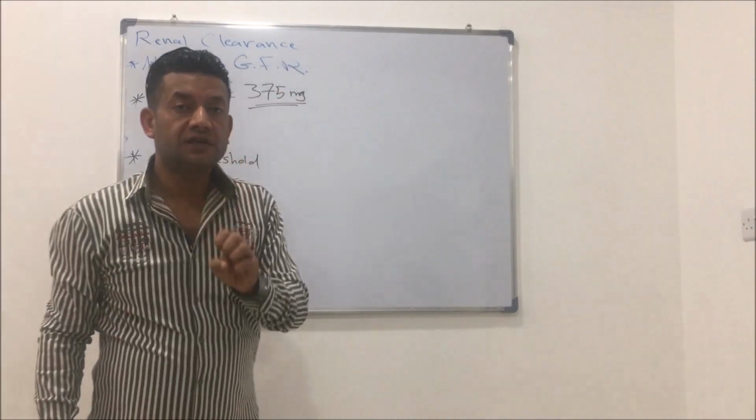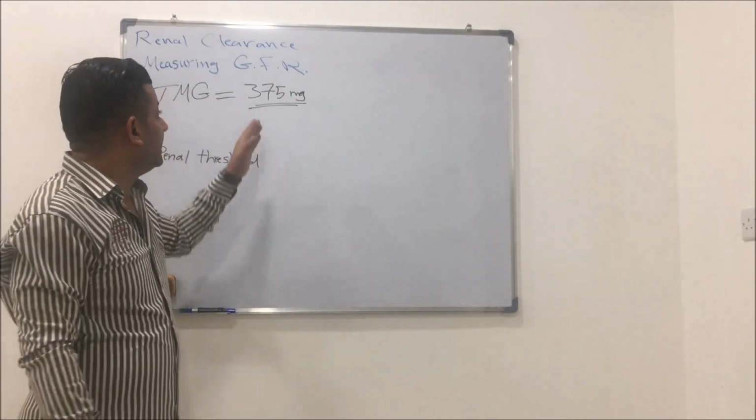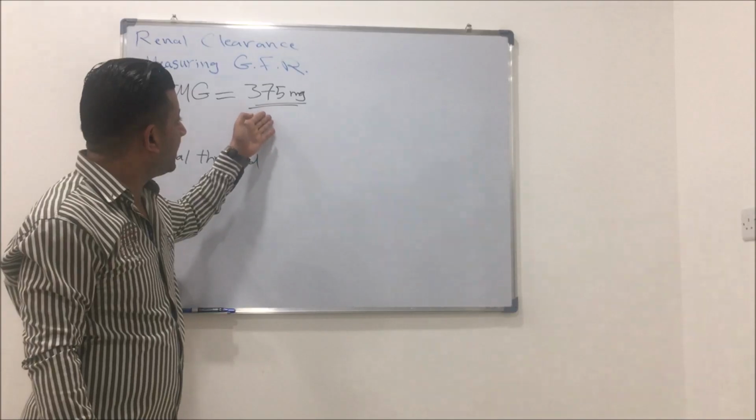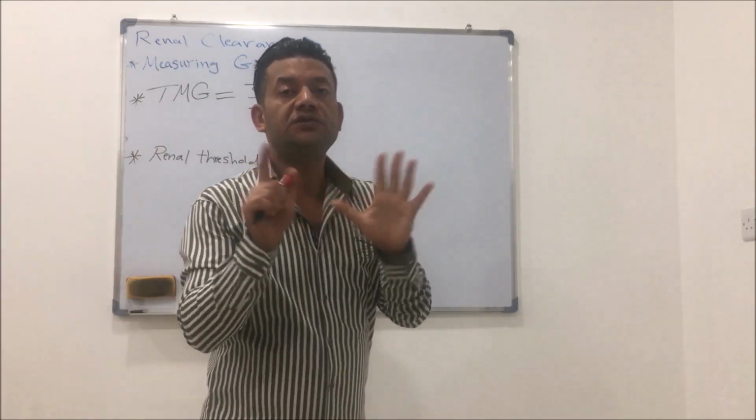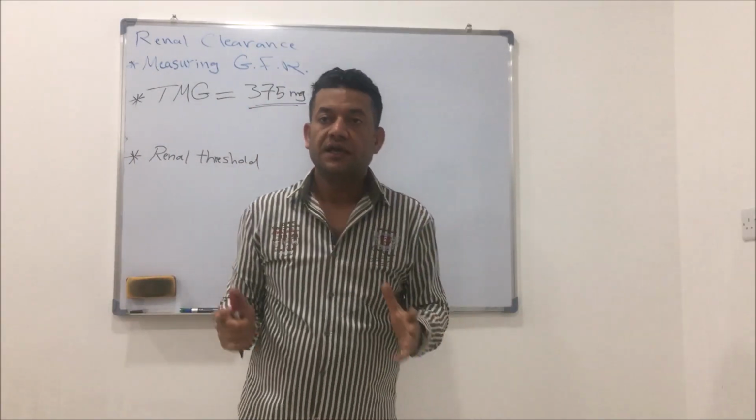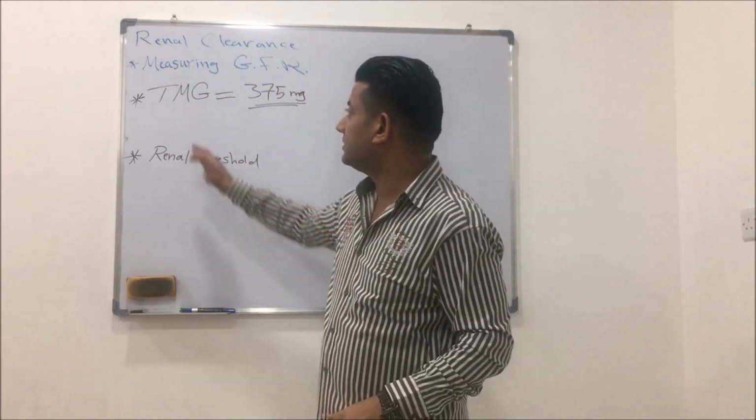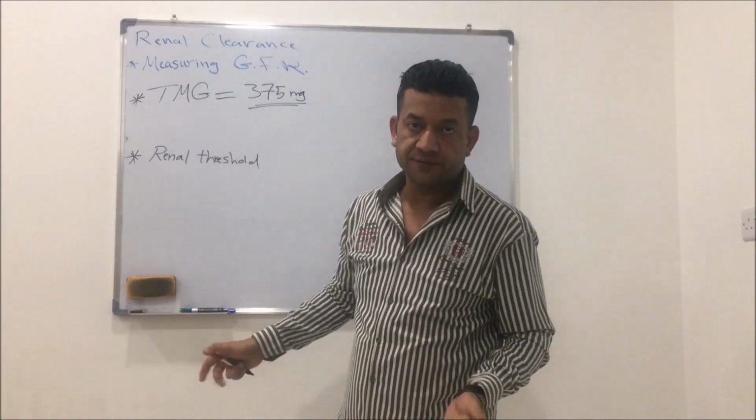If the filtered glucose exceeds this value, the renal tubules cannot reabsorb more glucose. This is what we mean by the tubular maximum transport rate.